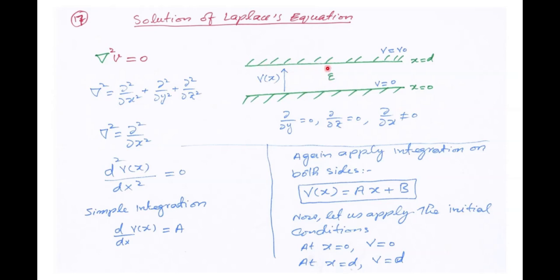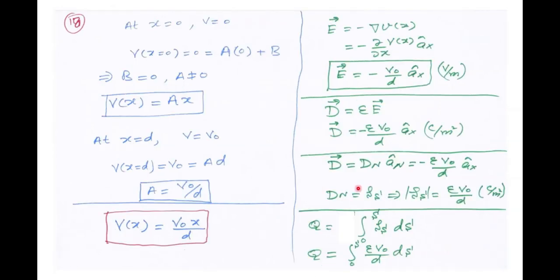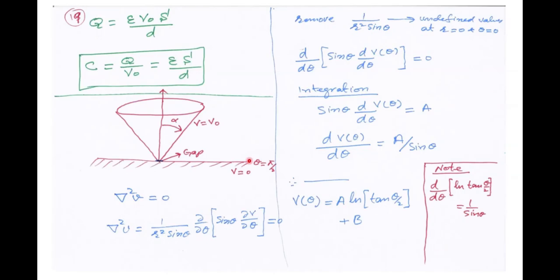So now divide these two plates into incremental surfaces. For an incremental surface of the two conducting sheets, we can obtain the total charge residing on that incremental surface, which results in Q equal to epsilon V naught S divided by d. Now divide the obtained charge by potential. So this defines the capacitance.